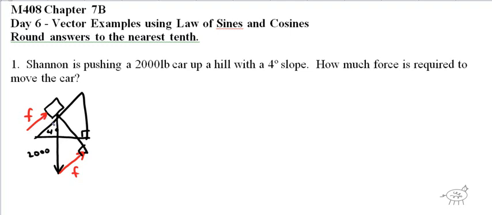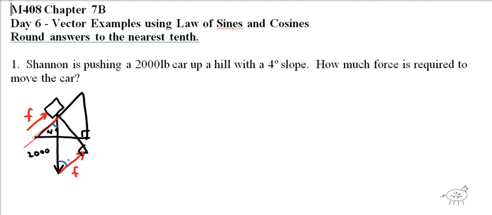If I mark this one angle right here, not the 4-degree angle, but the one in blue, do you agree that this guy here is parallel to that force, right? So that angle and this angle are equal. How do you know that? Because they're alternate interior angles.